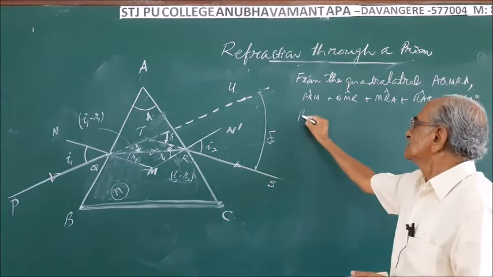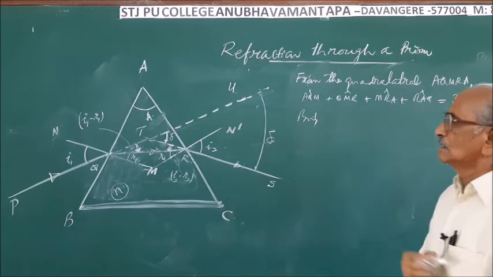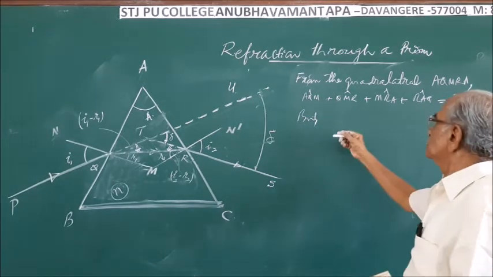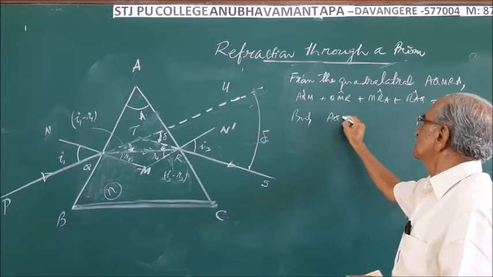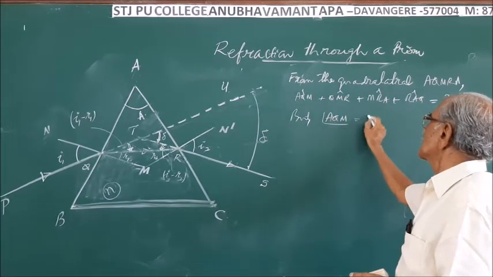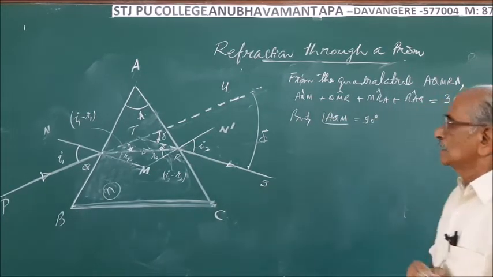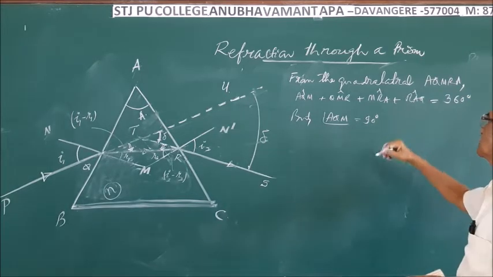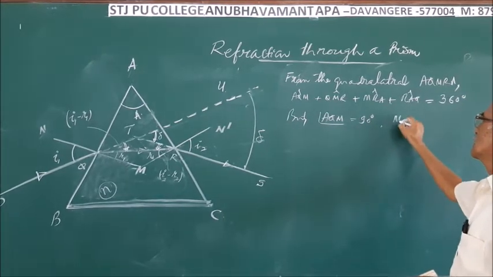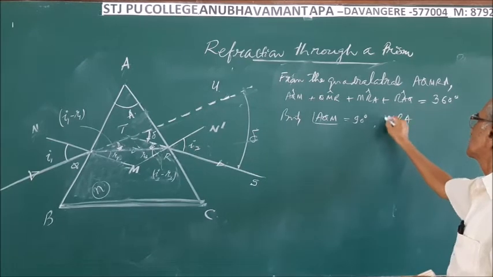But AQM is a right angle, MRA is also a right angle.